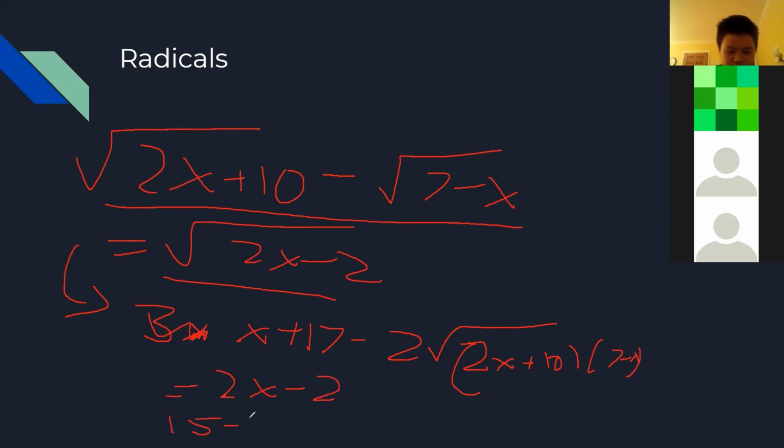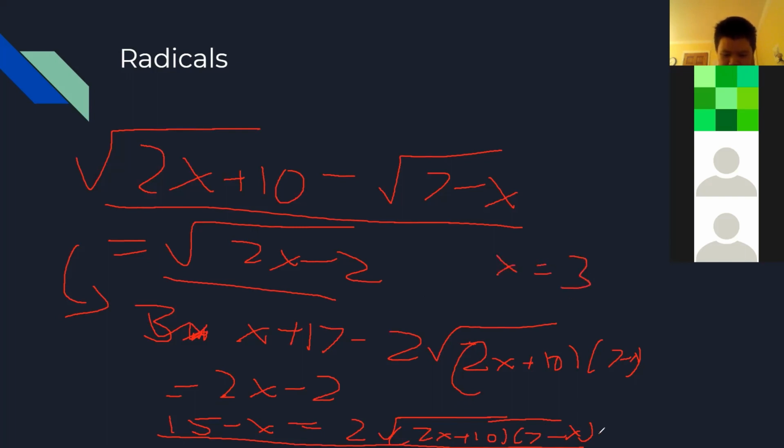Therefore, 15 minus x equals 2x plus 10, 7 minus x. And if you square both sides, it'll turn into a quadratic, which you could easily solve. Supposedly the answer is x equals 3.